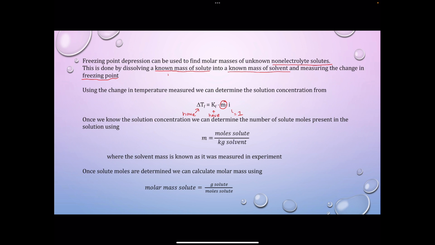Once we know the solution's concentration, we can determine the number of moles present in the solution using the definition of molality. We're talking about our concentration in molality. Molality is defined as moles of solute per kilogram of solvent. We would have that molality from our temperature change equation. We would know the kilograms of solvent because we have a known mass of solvent, which means we can solve for our solute moles.